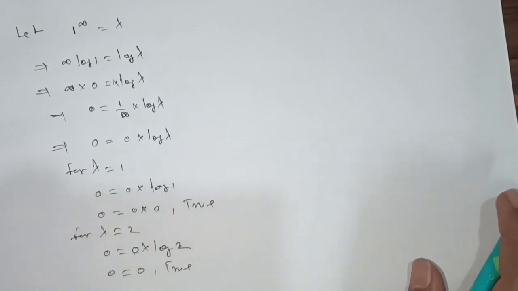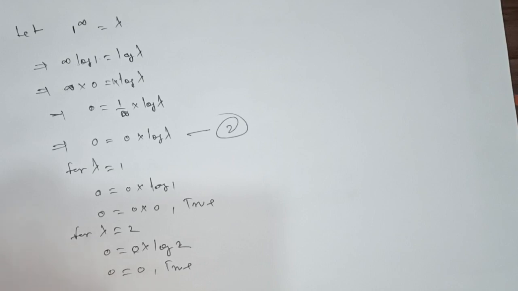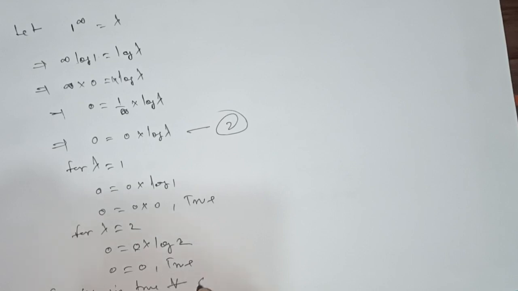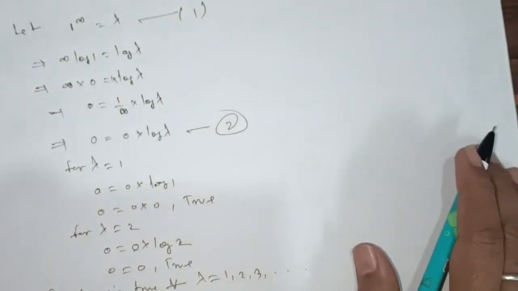Similarly, if we go for lambda 3, lambda 4, all are true. That means equation 2 is true for all lambda equals 1, 2, 3, and this is your equation 1 you chose.